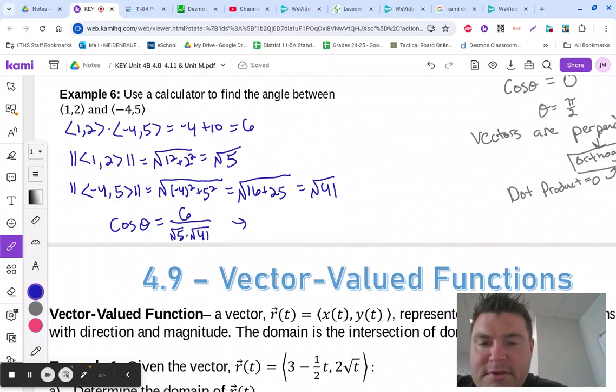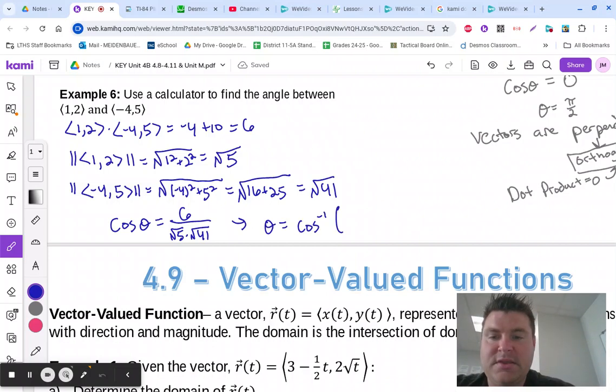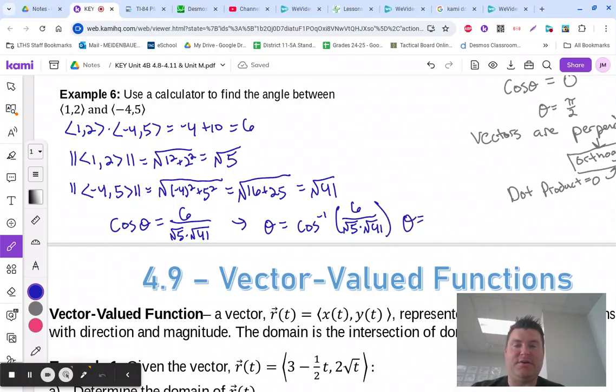So what I'm going to do here is use my calculator in a second, and I'm going to know that theta is going to be inverse cosine of 6 over √5 times √41. And this will give us our radian value here.